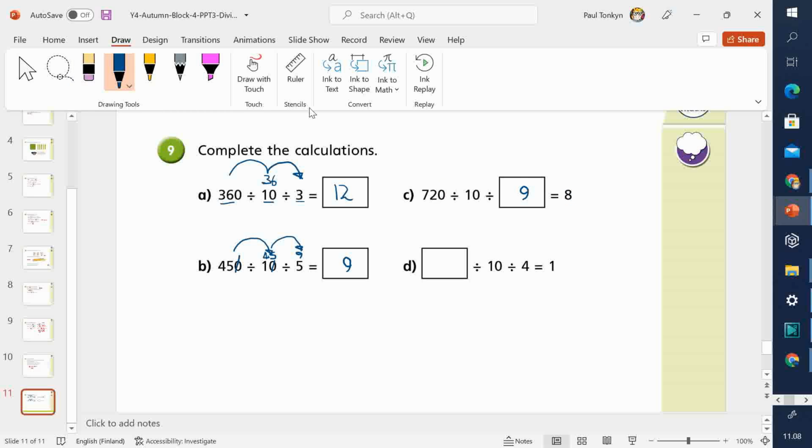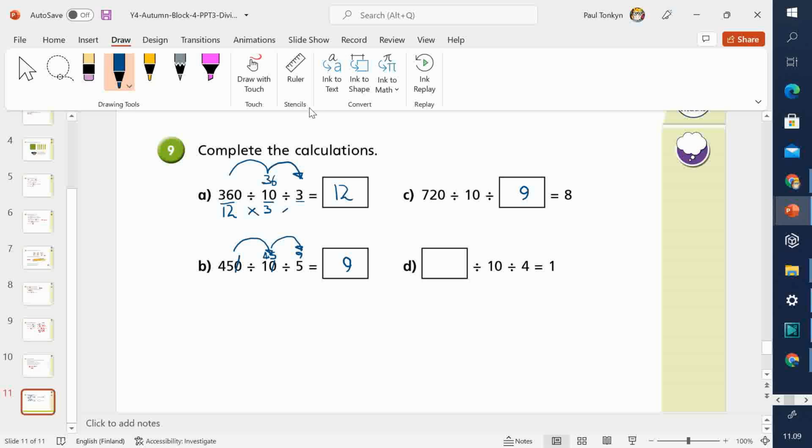Okay, now we can check all of these by doing it the other way around, okay? So let's start with A. We'll do it backwards. So we start with the 12, which is here, times 3. Does anyone know what 12 times 3 is? 36, yeah? Good. Okay, 3 times 10 is 30. 3 times 2 is 6, so we get 36.